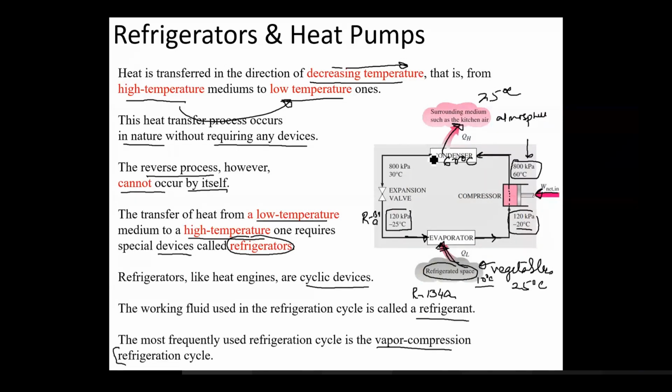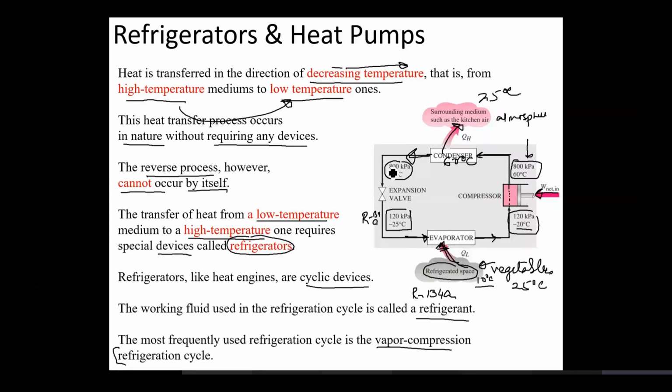Then, as it exits the condenser, the temperature of the refrigerant has decreased to 30 degrees centigrade. But in order to enter the evaporator, it still has to come down to minus 25 degrees centigrade so that it could extract the heat out of the refrigerated space.